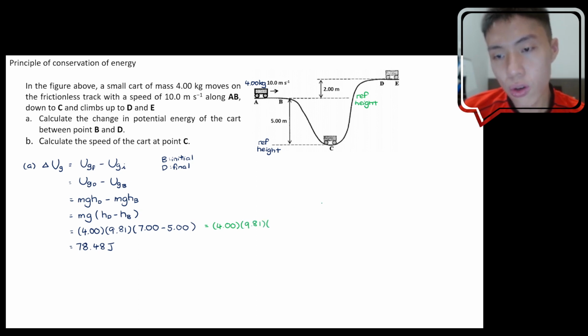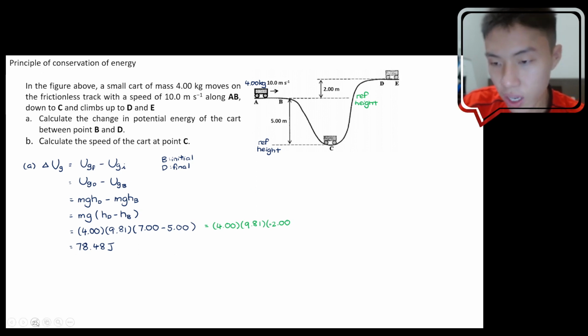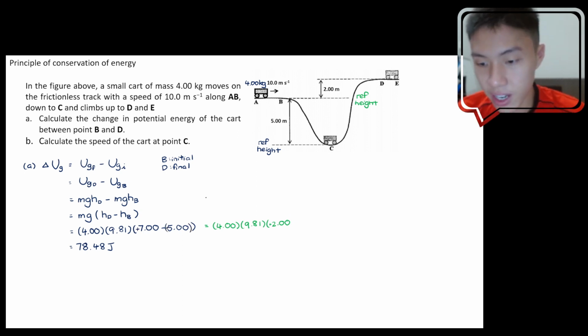But for your hD, point D is 2 meters above the reference height, so your height is 2 meters, but it's positive. Actually you can put all these values here to be positive. There's no problem with it. Minus positive 5, that's fine as well.